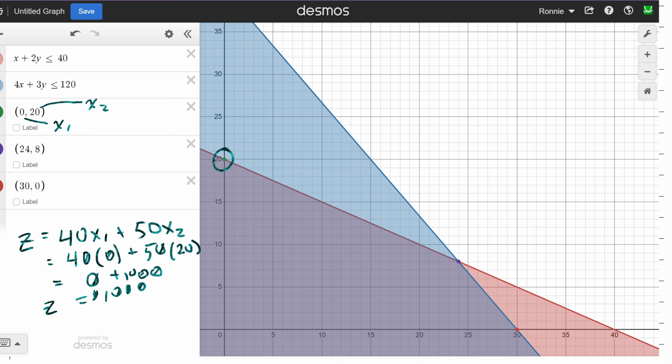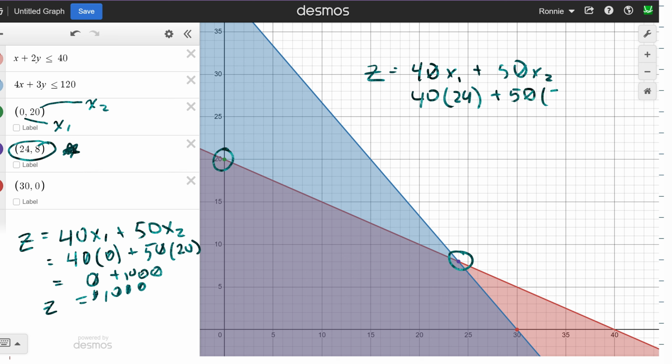Alright, so now I'm going to do the next one, which is 24, 8. Plugging that into my objective function, 24 is my x sub 1, so 40 times 24 plus 50 times 8. Right, and then just break out your trusty calculator.